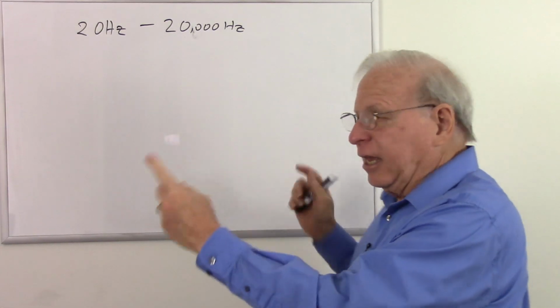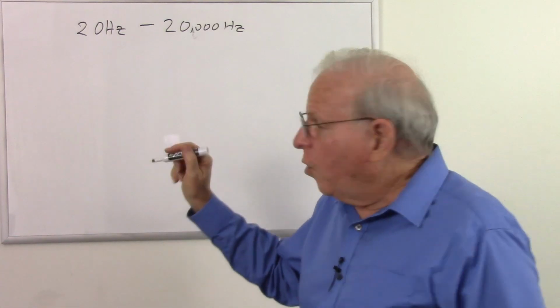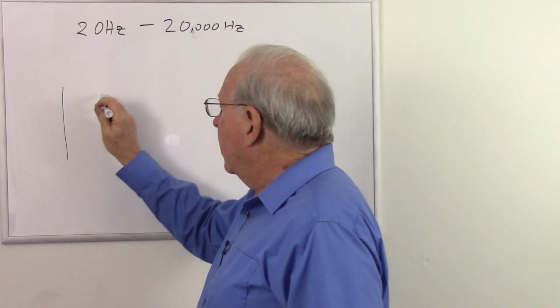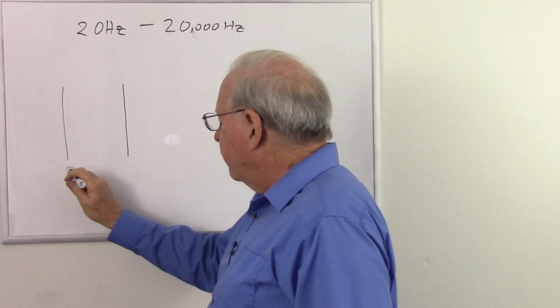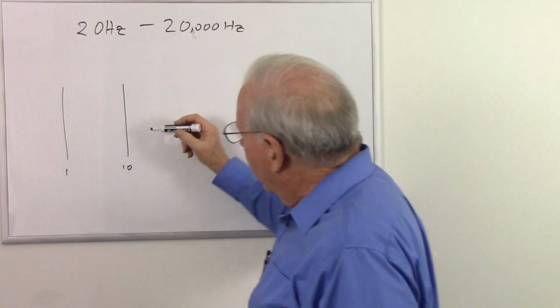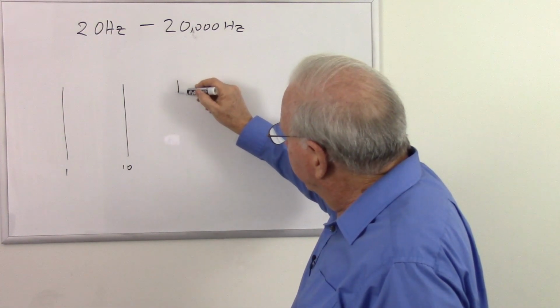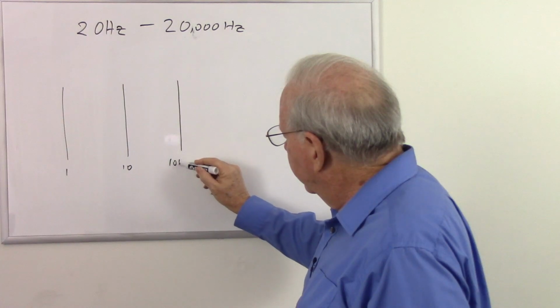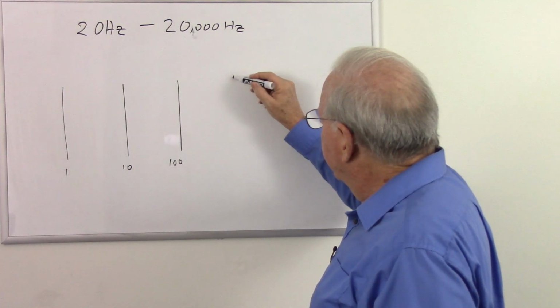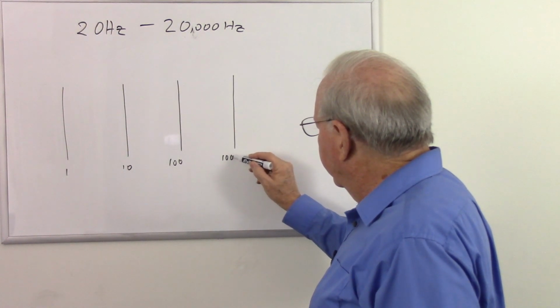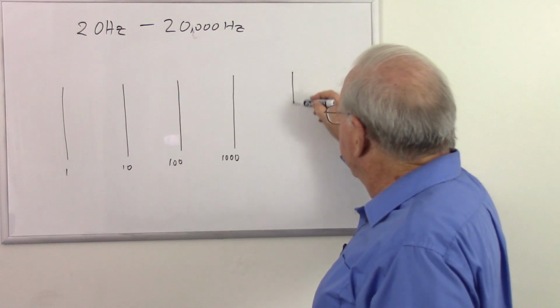Multiply by 10, equal widths. So if I want to draw a real quick logarithmic scale, I can just draw 2 lines and say that's 1 and that's 10. And now where's 100? Same distance. Where's 1,000? Same distance. Where's 10,000?